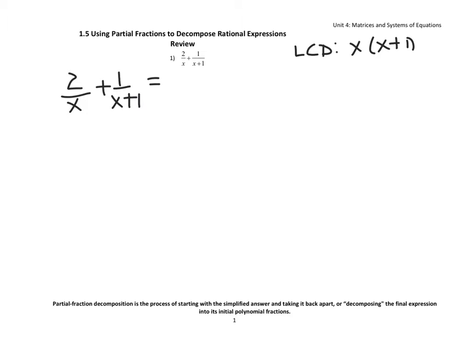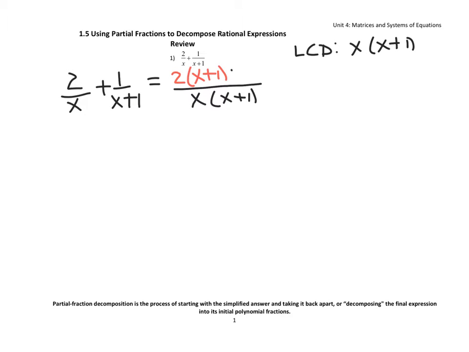So now I'm going to make sure I multiply each of these by whatever is missing in the denominator. So this is x plus 1, and for the first one I can see the denominator is missing x plus 1, so I'll multiply the top by x plus 1.